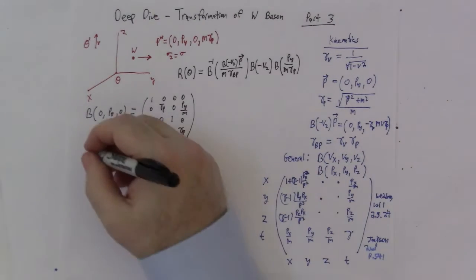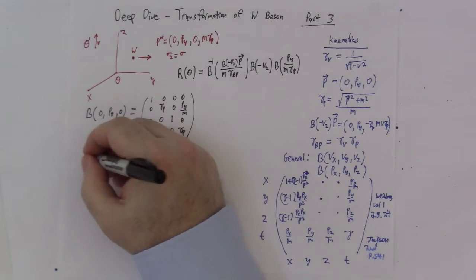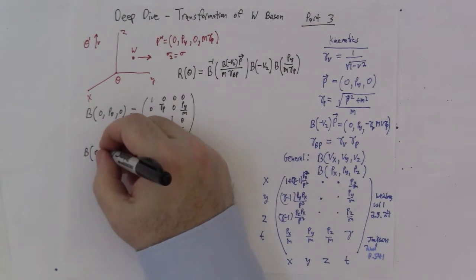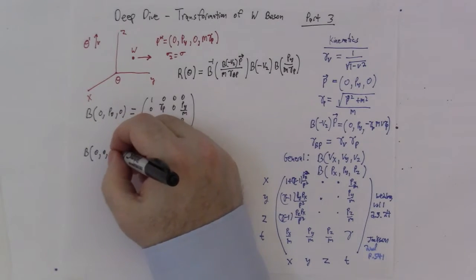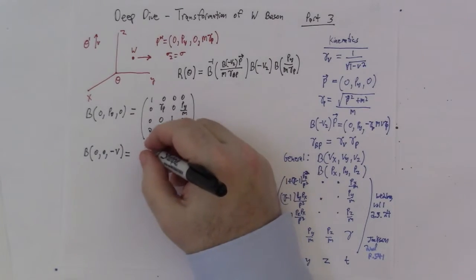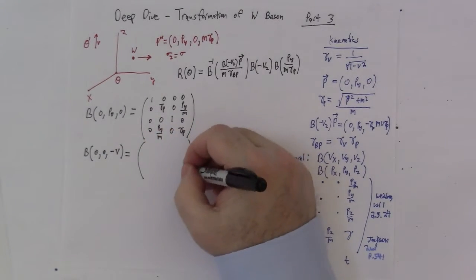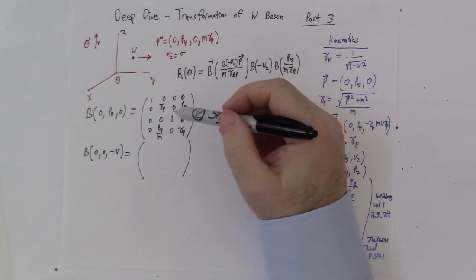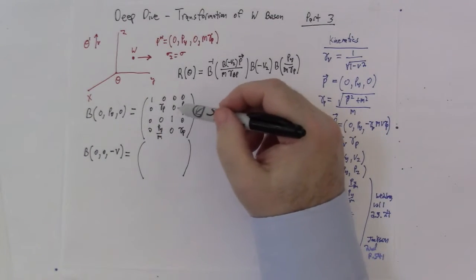Okay. Now our next boost is b 0, 0, minus v. This is equal to, again, this is easily recognizable. The only difference is, like here it's the y components, so you're going to have t and y's are non-zero.